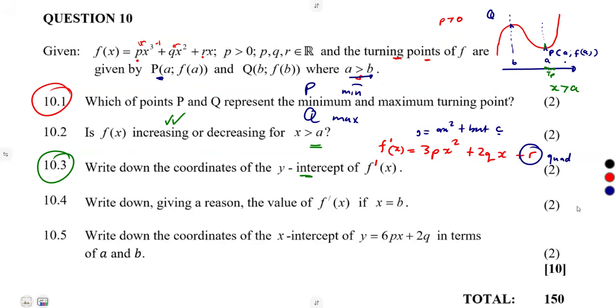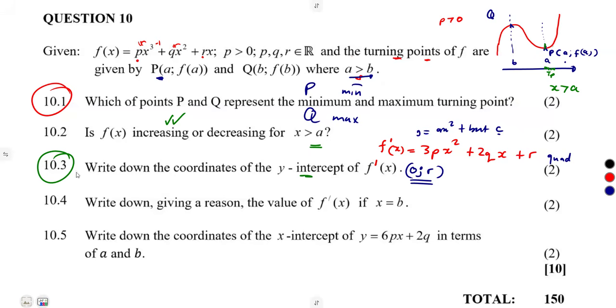So the constant is our r, where x is equal to 0, y is equal to r. So the y-intercept is r. You compare from that first derivative. It's now a function, and you treat it as a function. That is the way they want you to answer this question.